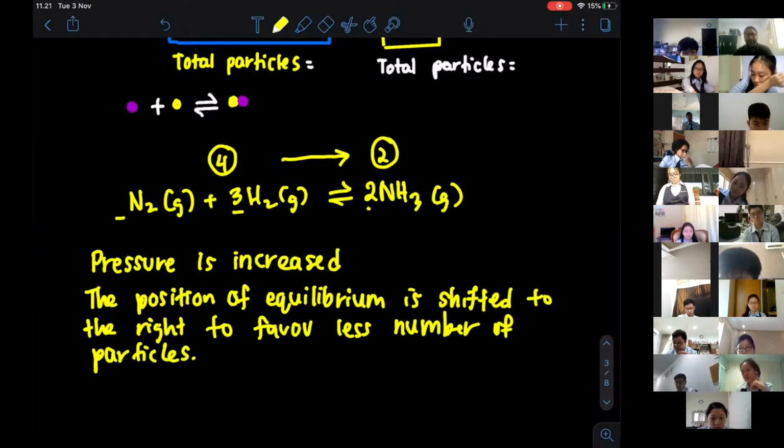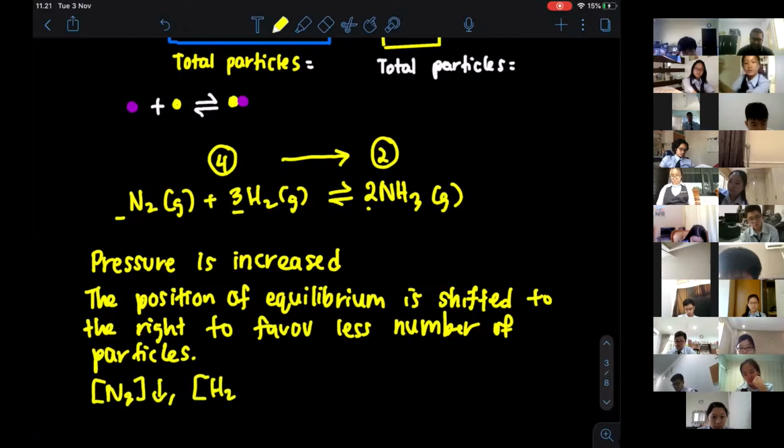Therefore, what will happen? The concentration of N2 will decrease, the concentration of H2 will decrease, the concentration of ammonia will increase.